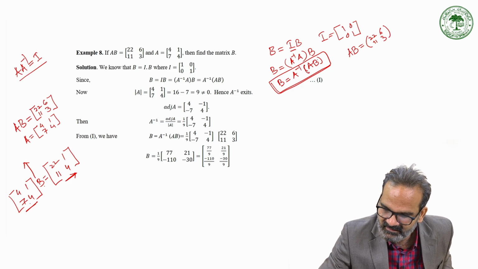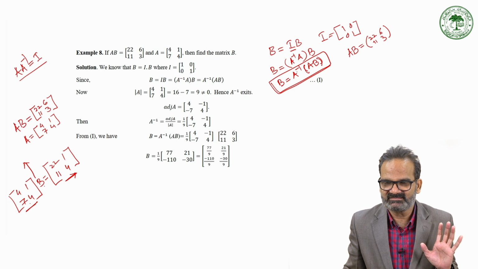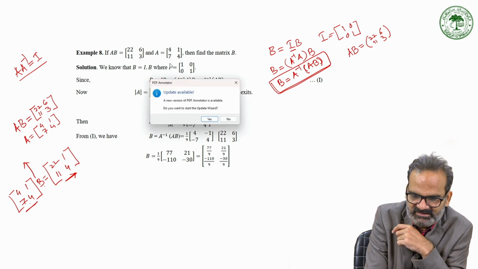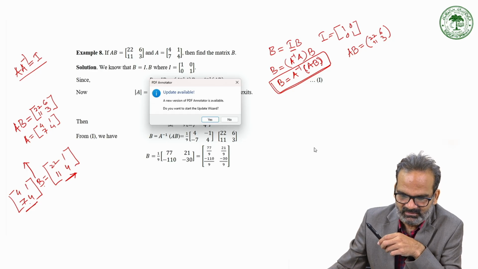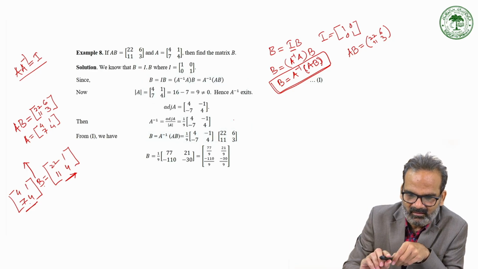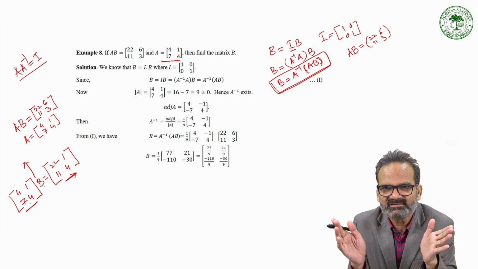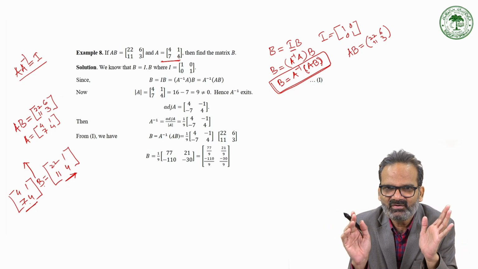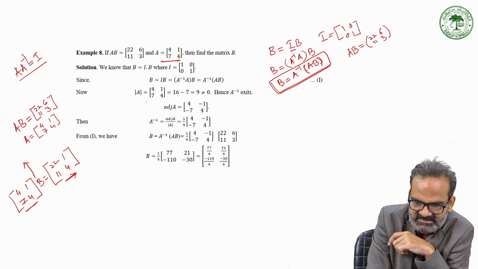AB is given. A inverse is not with us, so calculate A inverse. Simply A is with you. This is A. Find out its inverse. So to find A inverse, this is the determinant and its determinant is 9.